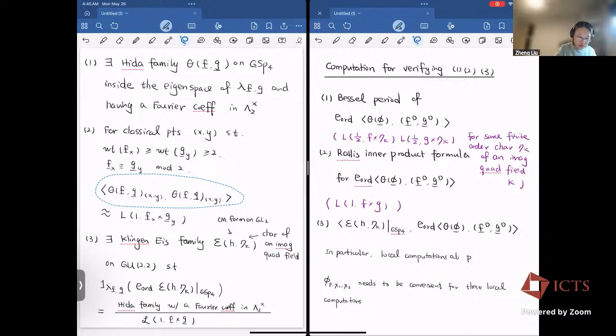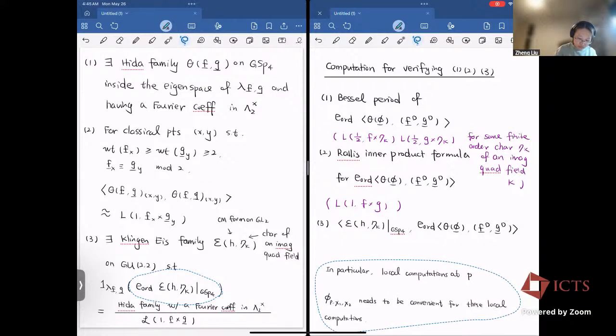The last part is to compute the Petersson inner product of our constructed family with the restriction of the Klingen-Eisenstein family, and this is done by Furusawa's formula.